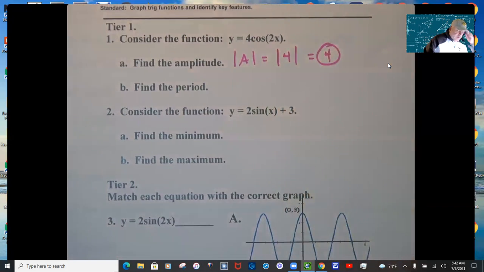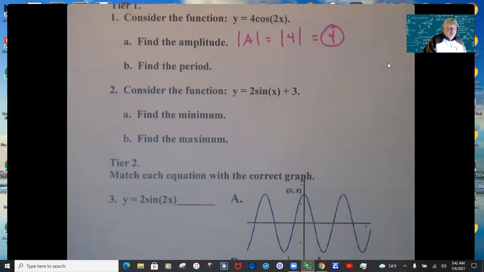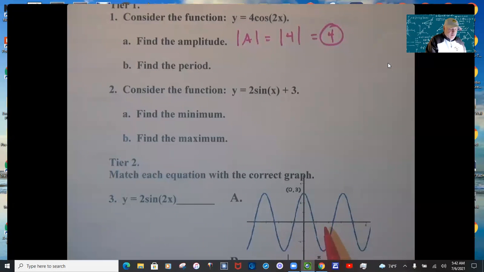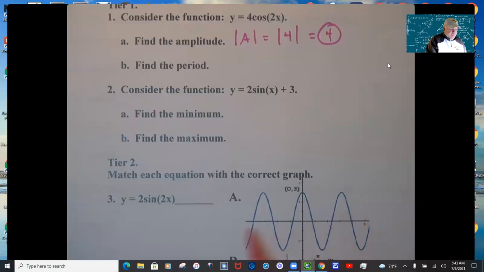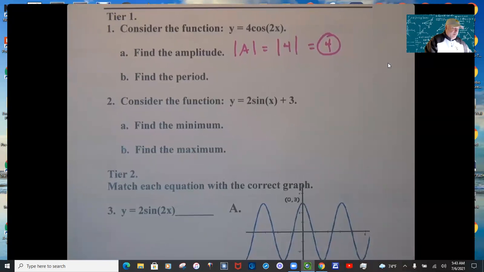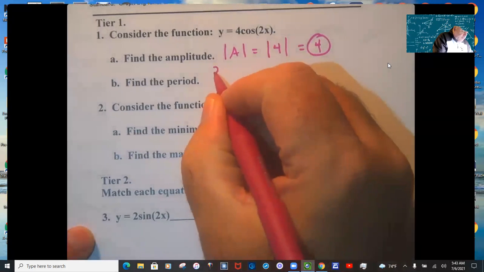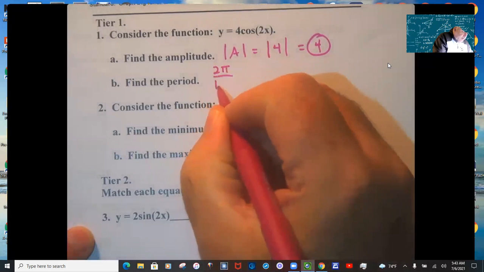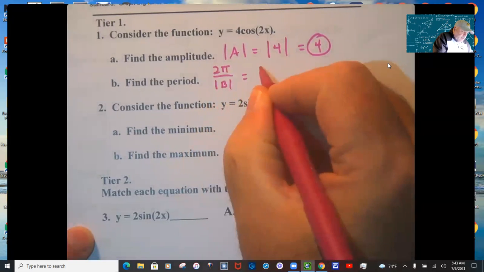And so the amplitude is essentially the height from the midline. So if you're looking at this cosine graph down here, the midline is the x-axis, and that height from the midline is 3. So it's always a positive answer. Find the period. This is 2 pi over the absolute value of b in the given function.